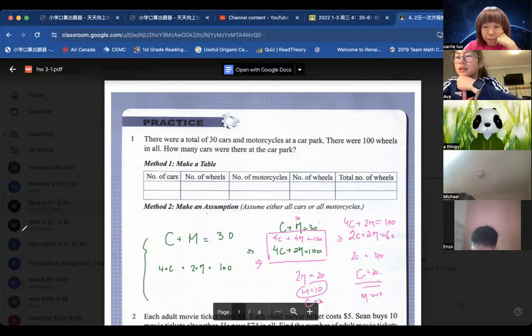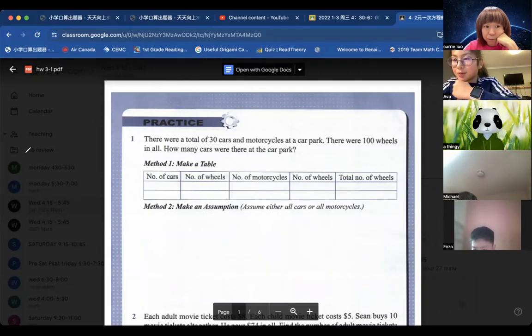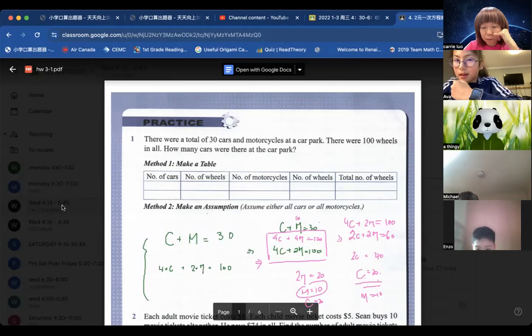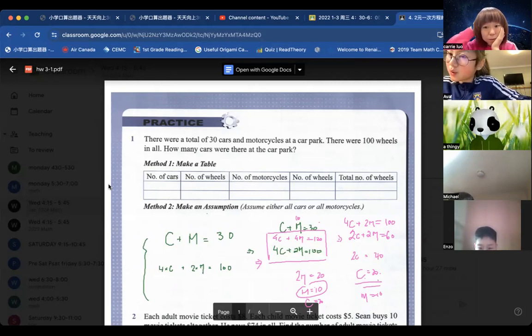I have a question about the 4C plus 2M and then 2C plus 2M. Which part? For 2C, shouldn't it be 2 times 2? Because the car is originally 4, right? So shouldn't it be 2?